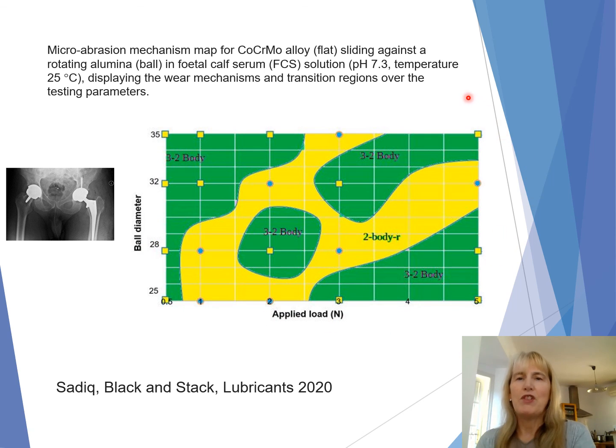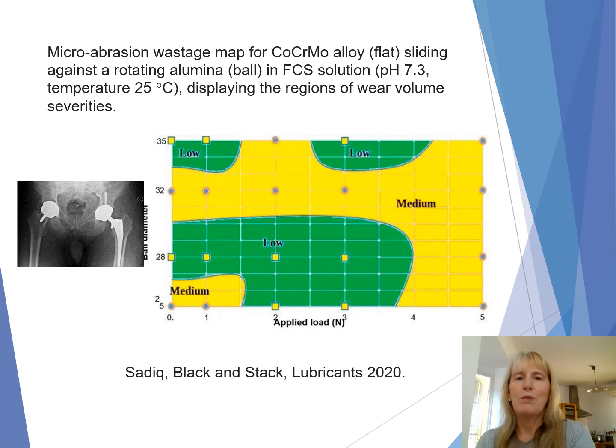That was the paper we published in 2020, last year. More importantly, on the wastage rate, we're seeing a reduction at intermediate applied loads, and essentially what we're saying is that we get a kind of safe regime at intermediate head diameters and applied load, where we can optimize the wear rate.